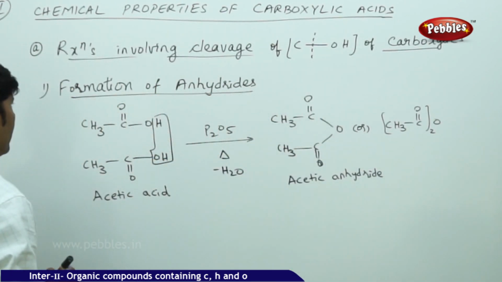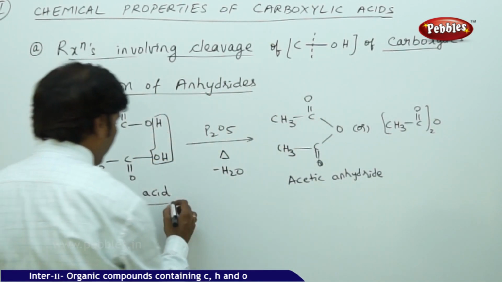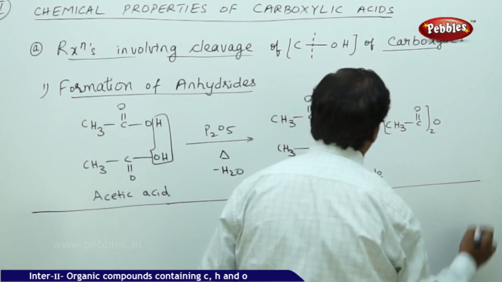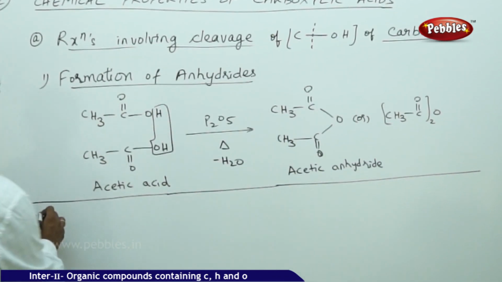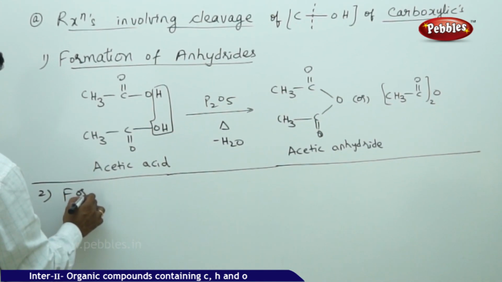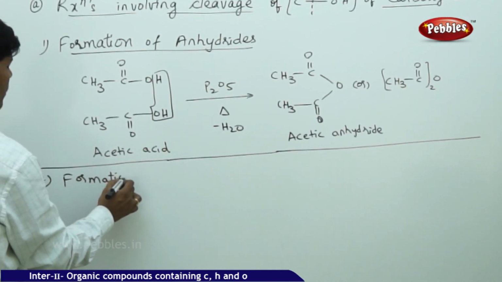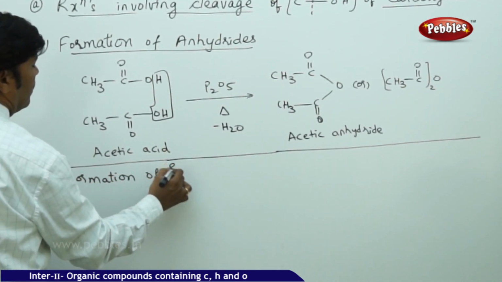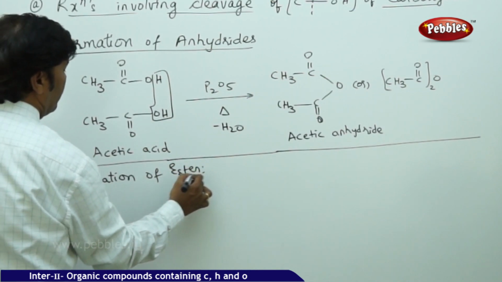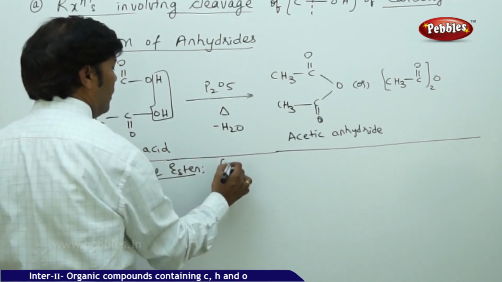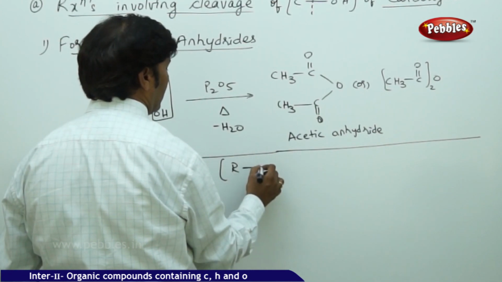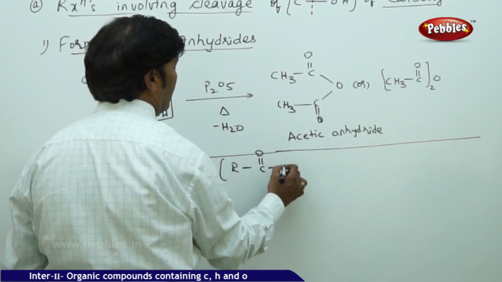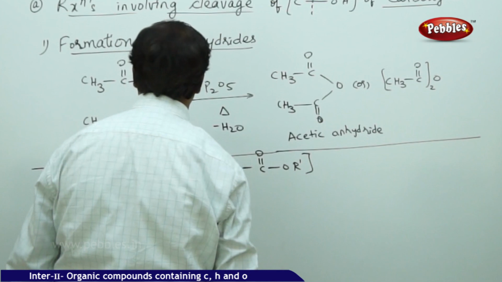This is acetic anhydride. Similarly, in the formation of ester, the general formula is R single bond carbon double bond oxygen of OR dash. This is ester.